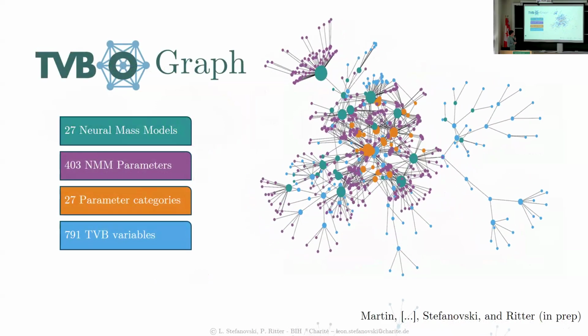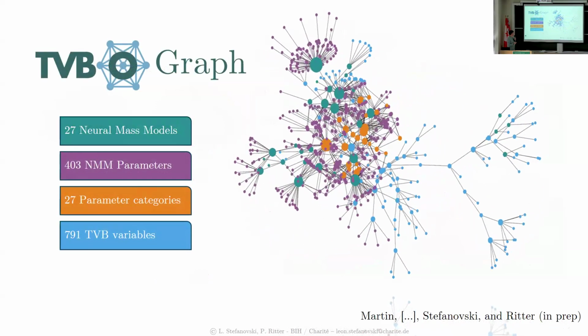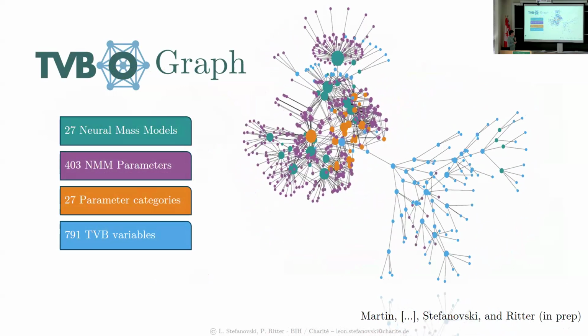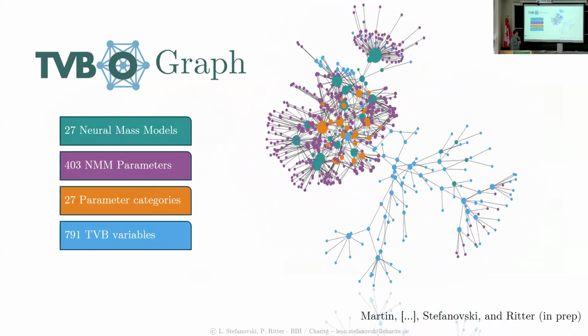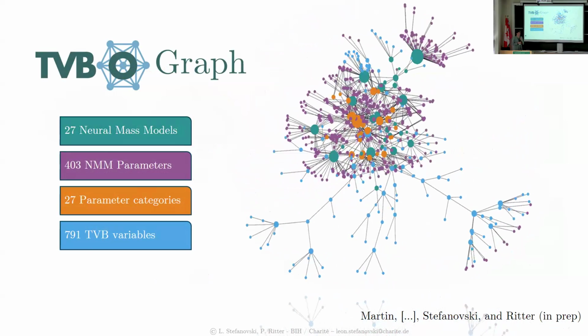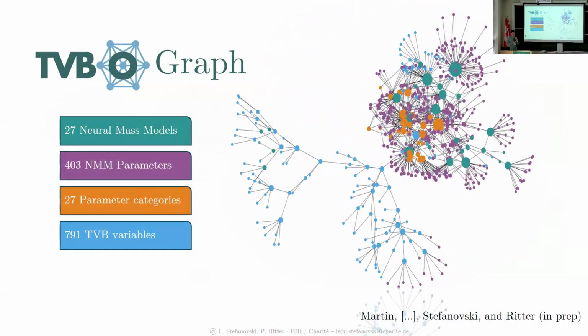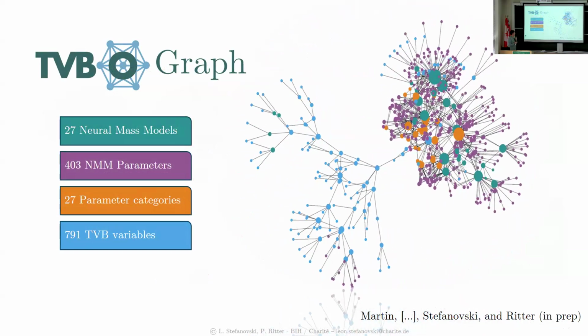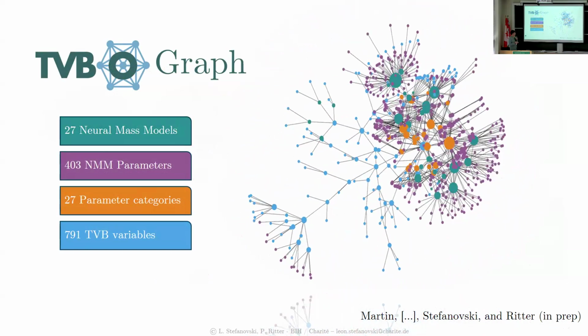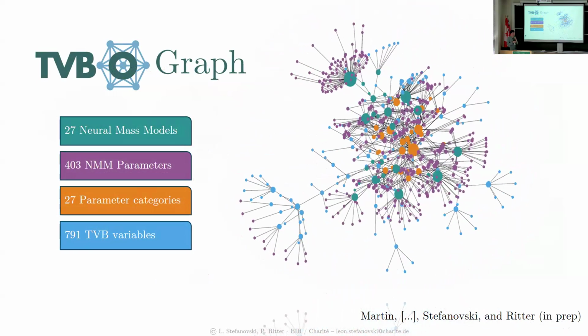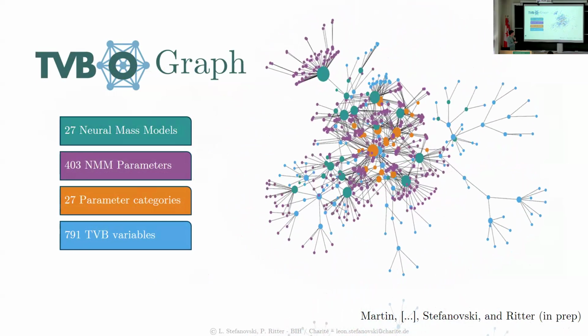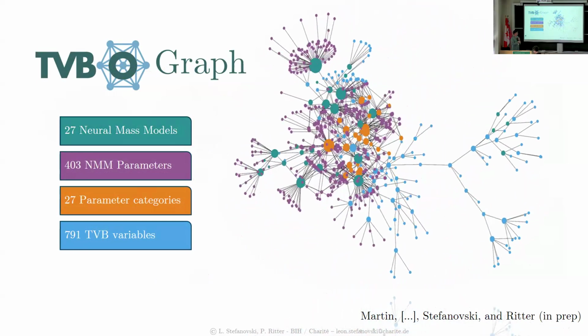And finally, I just want to conclude that because we were working so much on implementing mechanisms in different models and so on, we also thought that this should be more standardized and more in a controlled way. And therefore, we built an ontology describing the different components of the virtual brain, so the neural mass models, the parameters, and so on, and how they interact.